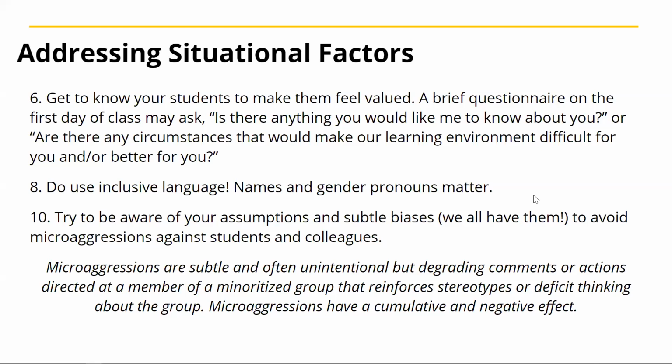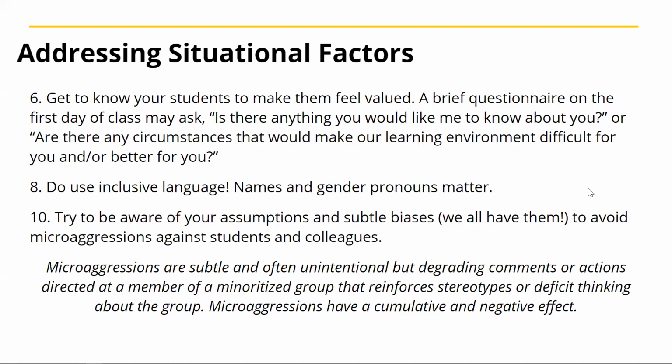And microaggressions can have a cumulative and negative effect, like a million mosquito bites. So one, two, three mosquito bites, you know, itchy, annoying, not terrible, but a million mosquito bites, and it's a completely different experience in our bodies. So it's important that we think about how these microaggressions show up.